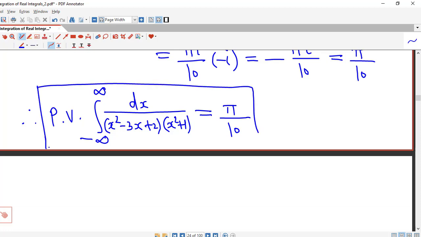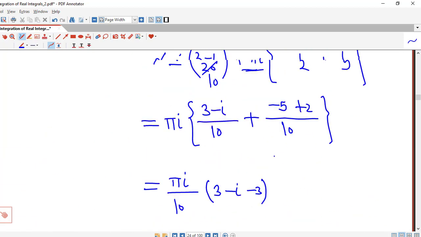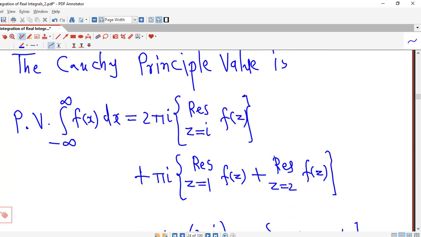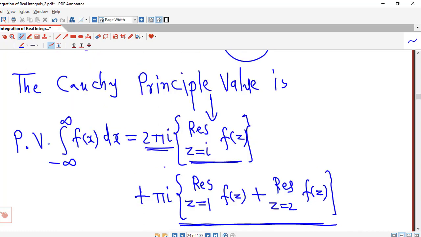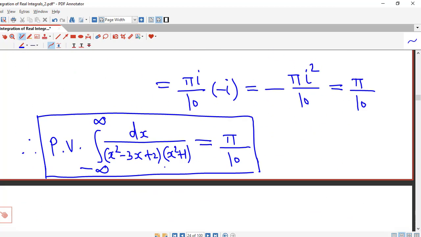So if your function has poles on the real axis, then you have to calculate the residue of f of z at poles on the real axis as well as poles in the upper half plane. The summation of residues of f of z at poles in the upper half plane is multiplied by 2 pi I, and the summation of residues of f of z at poles on the real axis is multiplied by pi into I, and we obtain the Cauchy principal value.